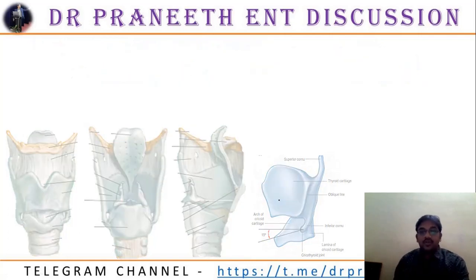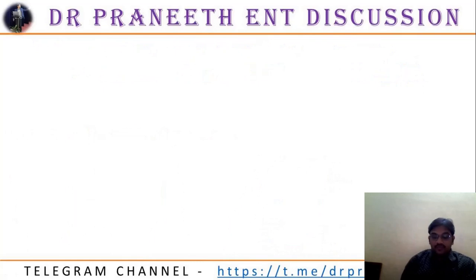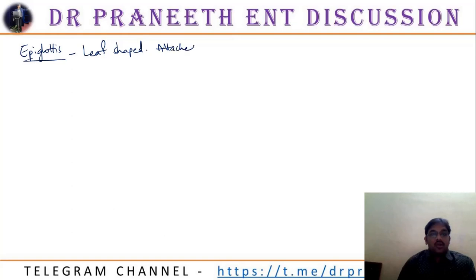Now coming to the next cartilage, that is your epiglottis. It is a leaf-shaped cartilage attached to the thyroid by the thyroepiglottic ligament.